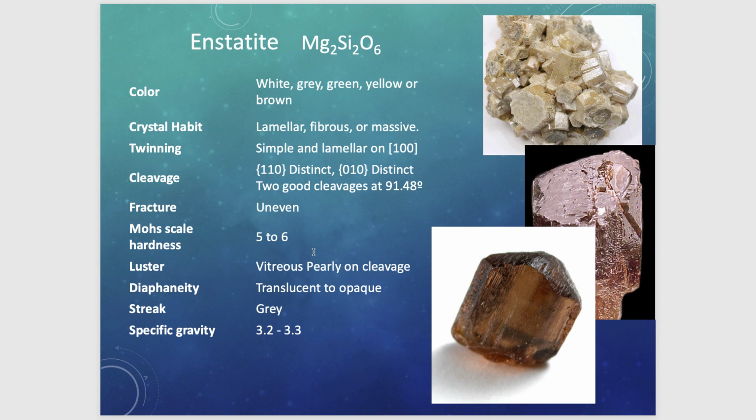The luster is vitreous to pearly on cleavage, and it's also important to remember that these are quite dark but translucent varieties, and they have a characteristic streak that is gray, which is completely different from the feldspars, which usually have a white streak.